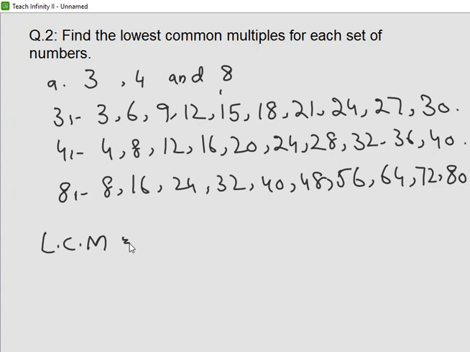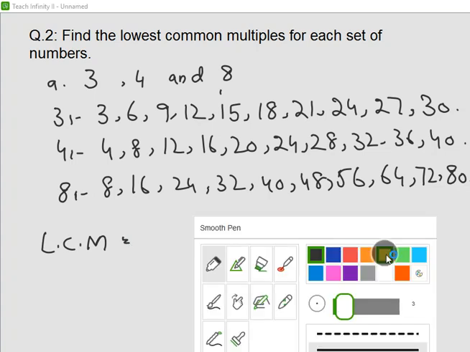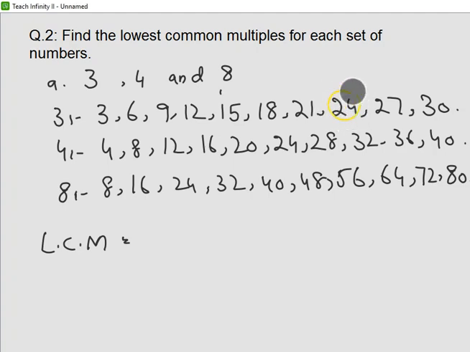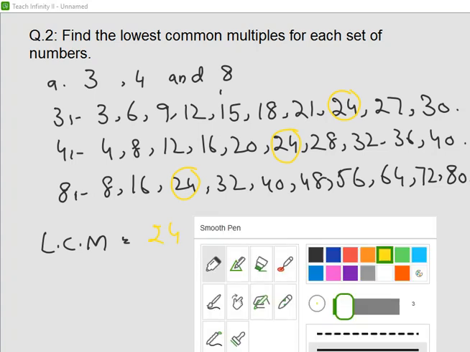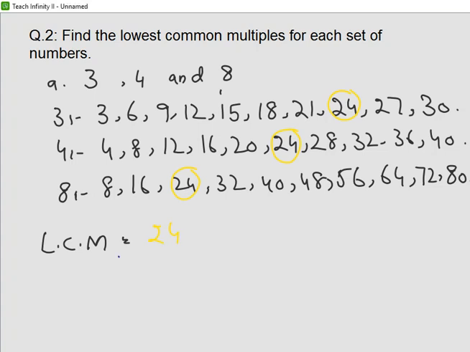So we have 24. This is the lowest common multiple of 3, 4 and 8. I think you got the question. So 24 is the lowest common multiple of 3, 4 and 8.